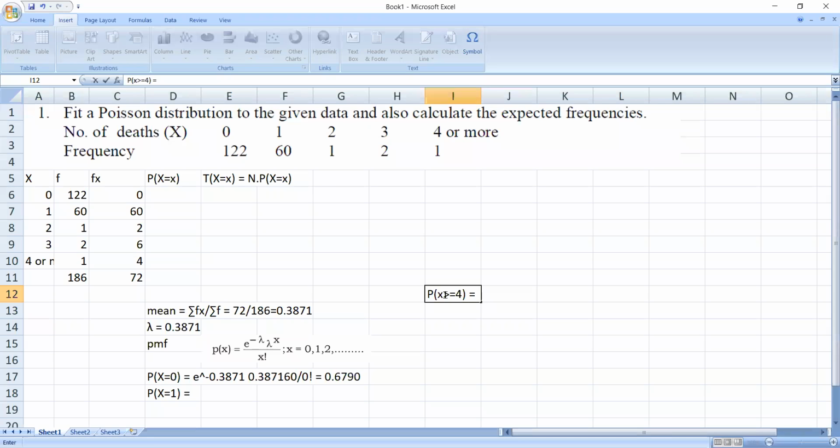To obtain this, you will have to look into the sum of all the previous probabilities, that is x less than 4. So I'll compute P of x equals 1, P of x equals 2, P of x equals 3, P of x equals 4, and use this in obtaining P of x greater than or equal to 4.